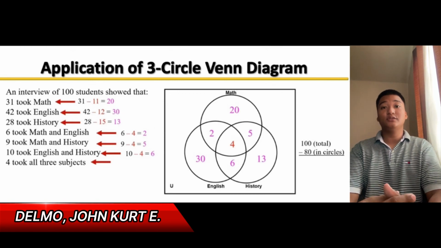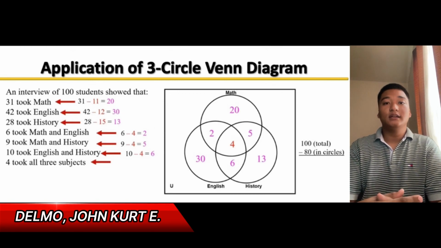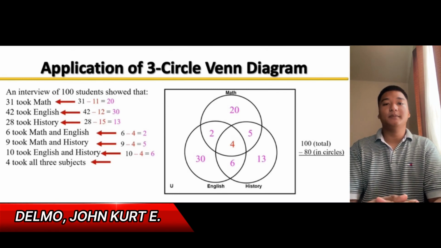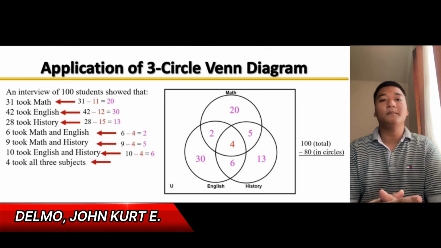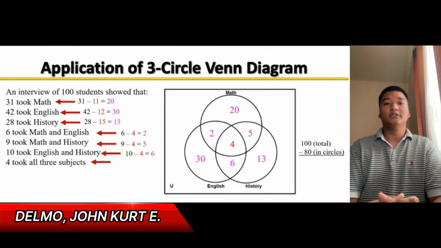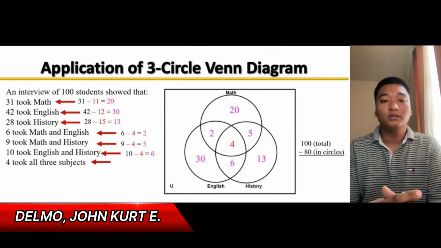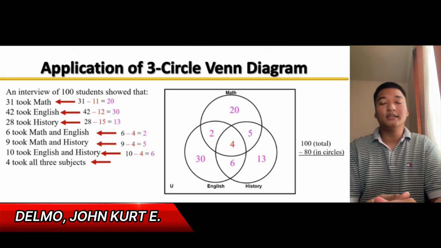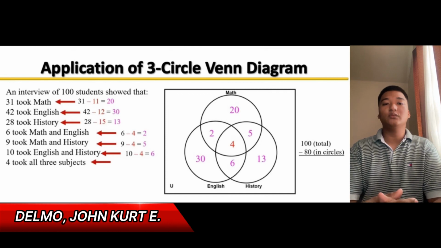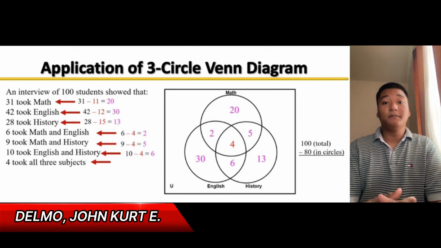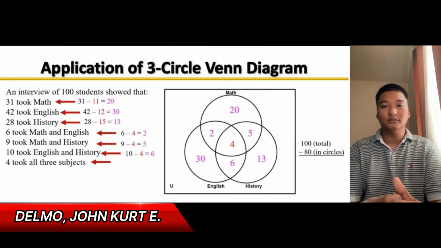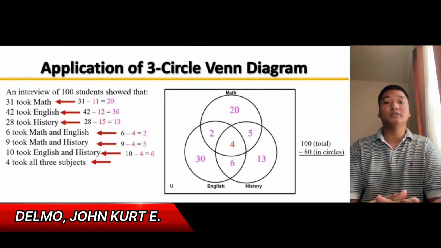There were 9 students in that region, so we subtract 4, which gives us 5. So 5 students took math and history. Next, English and history. 10 students took history and English, so minus 4 gives us 6 in that region. So now we're done with our 2-circle regions.